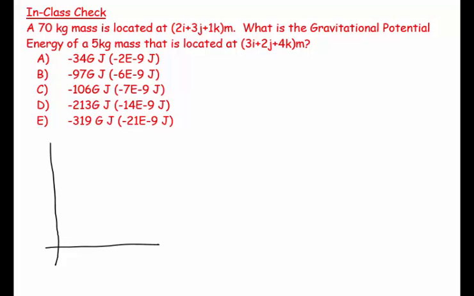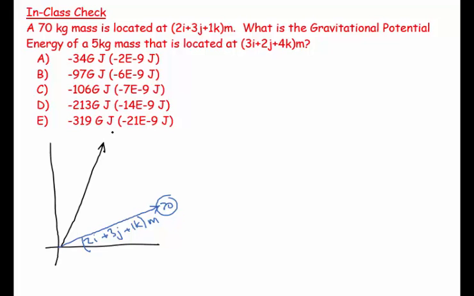And our host mass, our big mass, is here, 70. And this is at 2i plus 3j plus 1k displacement from the origin. I know where it is. And then the mass of interest, a 5 kilogram mass, is at another point.